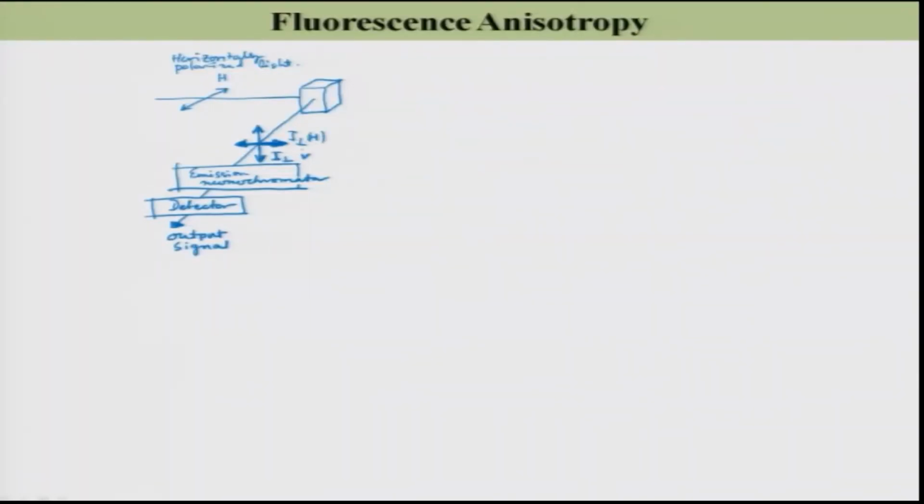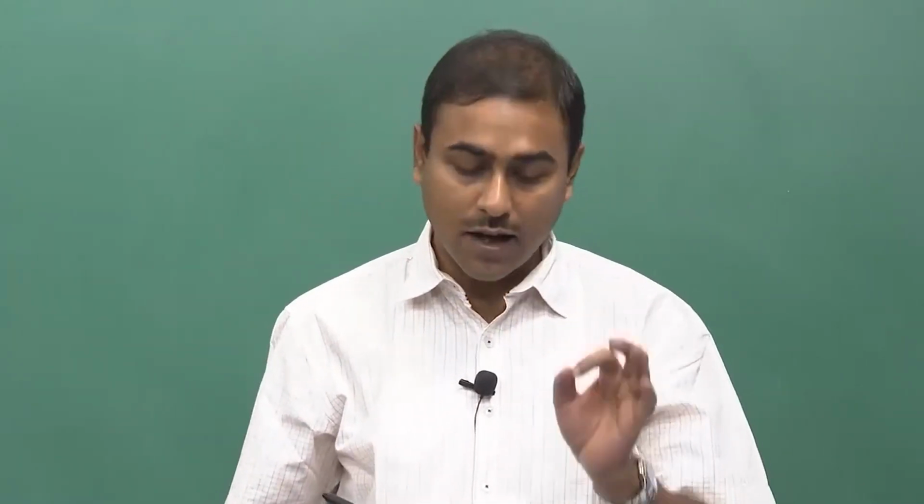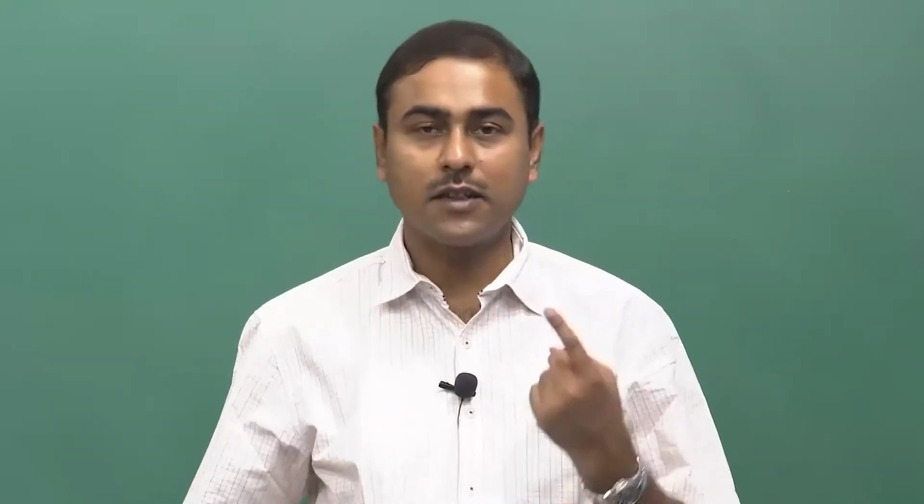Although this is horizontal and this is vertical towards the monochromator and detector, for the monochromator and detector this one is vertically polarized light and this one is horizontally polarized light, but for this excitation light, both are I perpendicular. If both are I perpendicular, their intensity has to be the same, right? And I already know that for vertically polarized light, the sensitivity factor of the monochromator and detector is SV, and for horizontally polarized light it is SH, and then the rest of the things are easy.